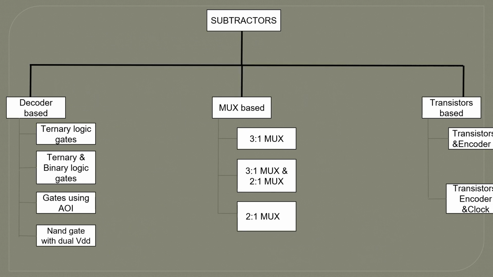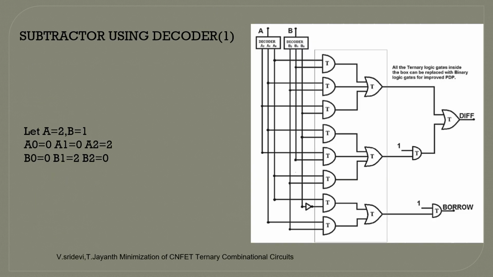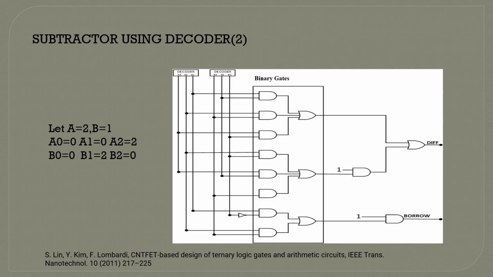We have learned from many different papers on subtractors, where subtractors were designed using decoders, muxes, and transistors. This was the first circuit, where a subtractor was designed using decoders and ternary gates. In the second circuit, the ternary gates were replaced with binary gates, so that the circuit hardware gets reduced.